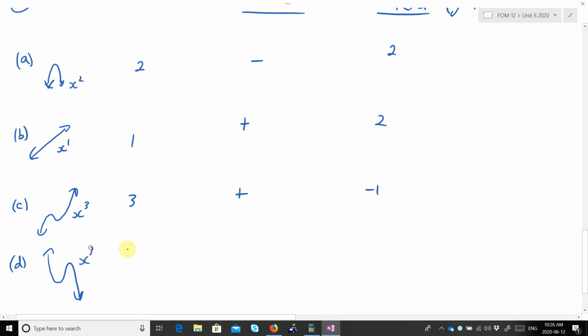That is an x to the 3 graph, so the degree is 3. It has a negative leading coefficient because it's moving down as you head to the right. And the constant term is the y-intercept of 6. Okay, and back of the book seems to agree with that.